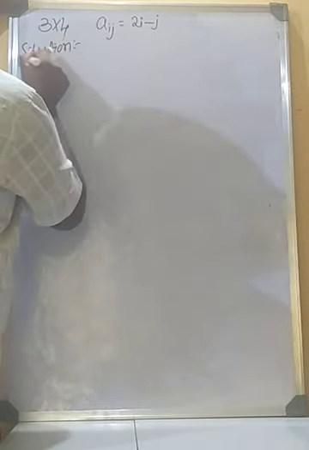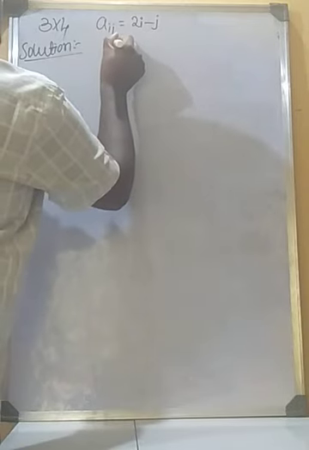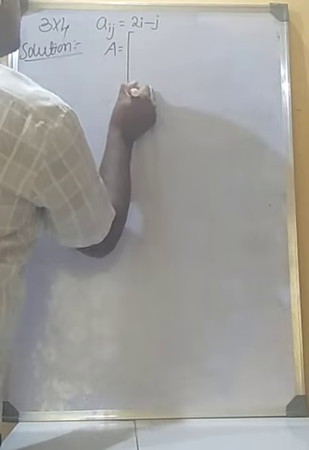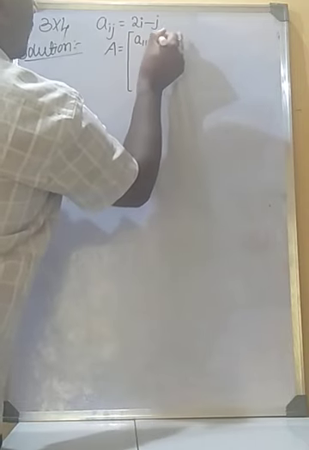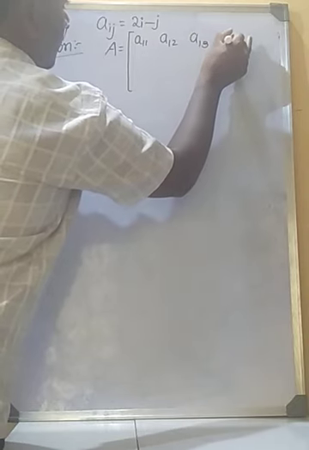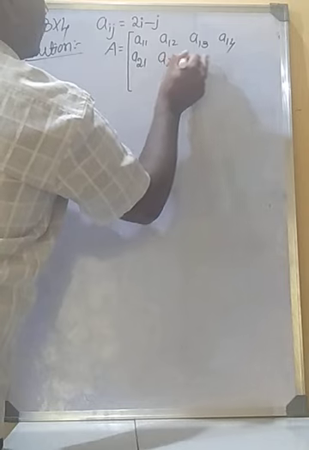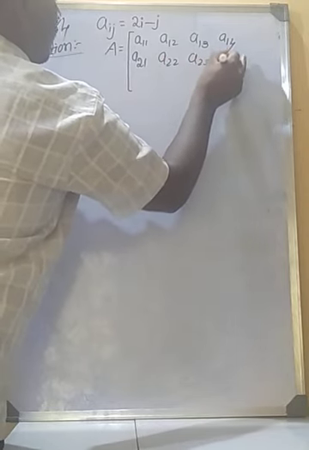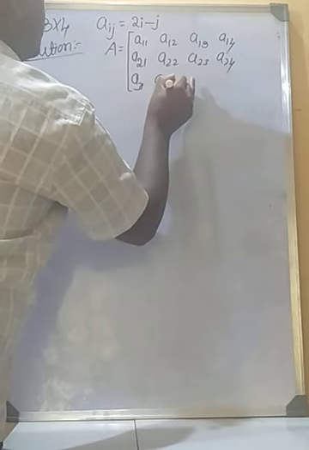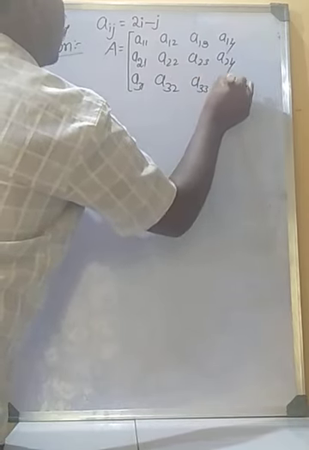Solution: in general, a 3 cross 4 matrix is given by A11, A12, A13, A14, A21, A22, A23, A24, A31, A32, A33, A34.